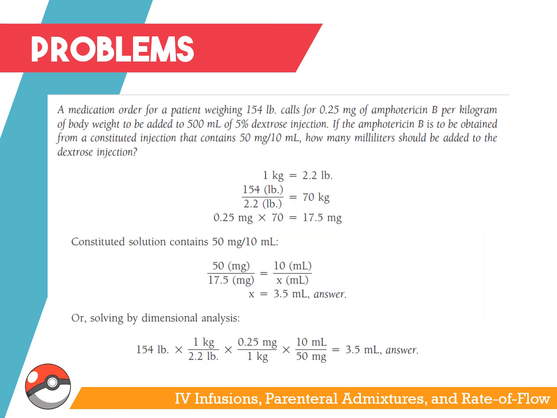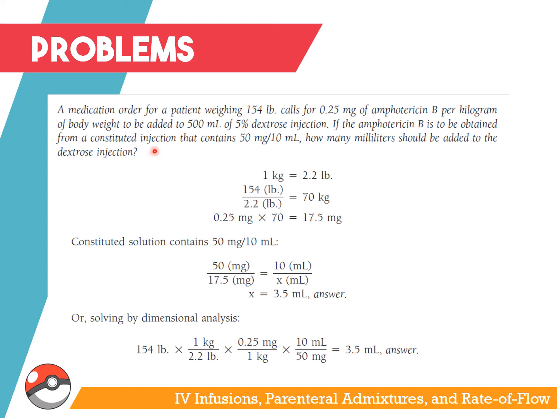Okay, so next problem. A medication order for a patient who weighs 154 pounds calls for 0.25 milligrams of amphotericin B per kilogram of body weight to be added to 500 ml of 5% dextrose injection. If the amphotericin B is to be obtained from a constituted injection that contains 50 milligrams per 10 ml, how many milliliters should be added to the dextrose injection?